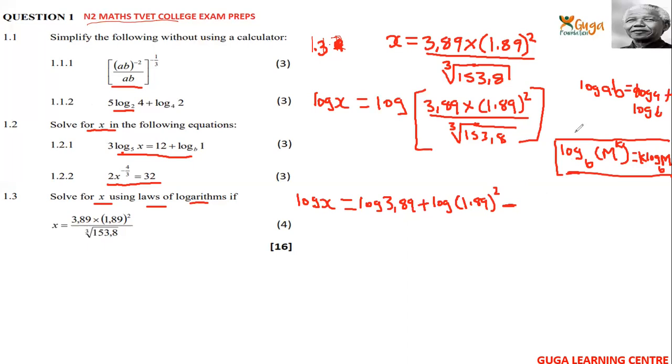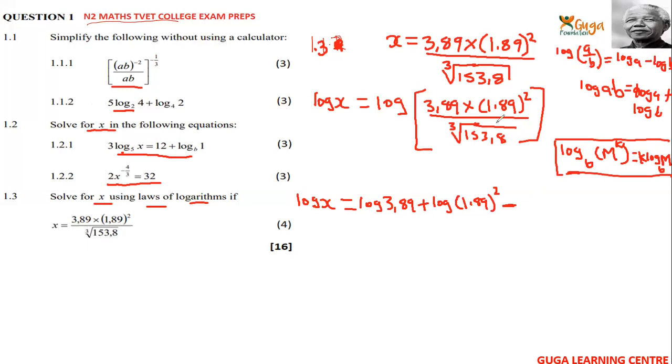It's just a rule. Also, the rule says that if you have got log of a over b, that should be equal to log of a minus log of b. Simple. All right.